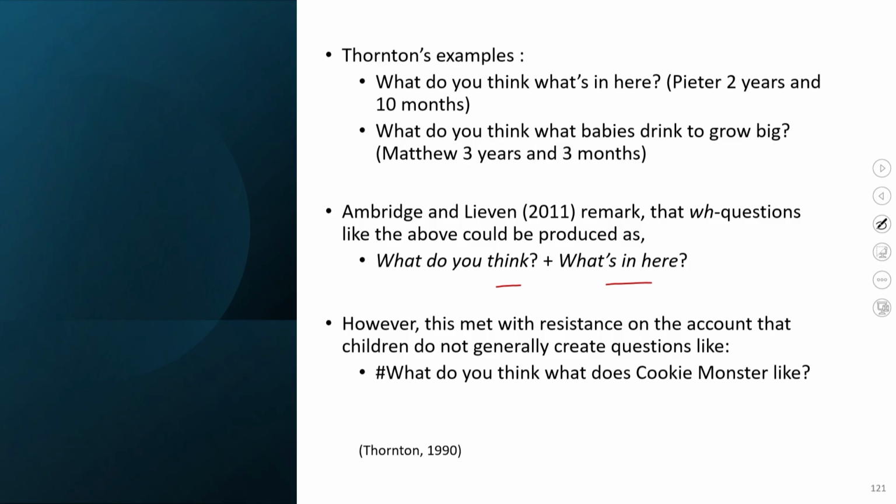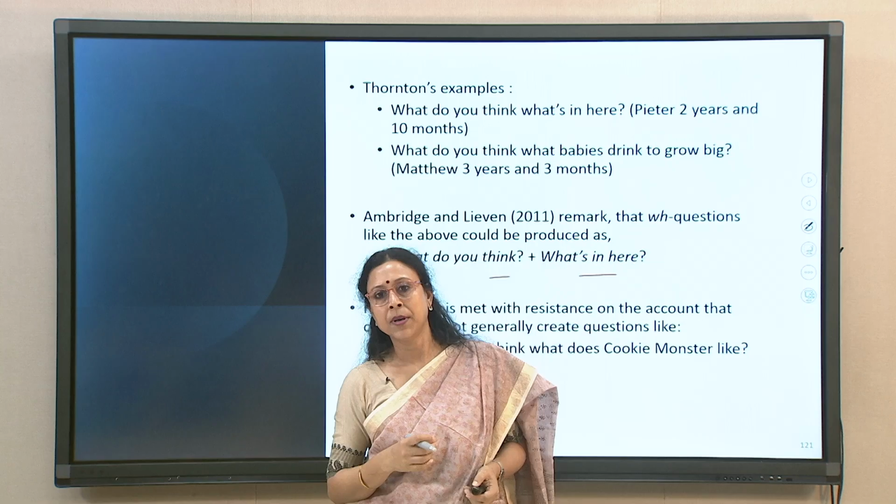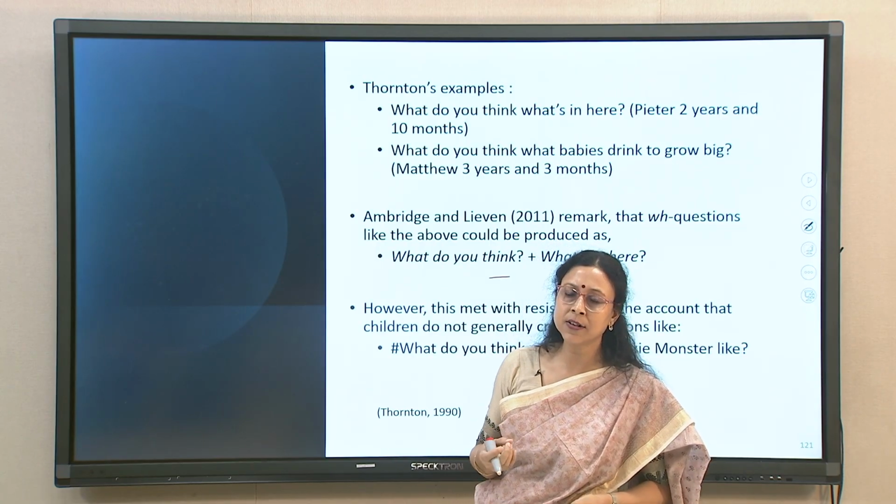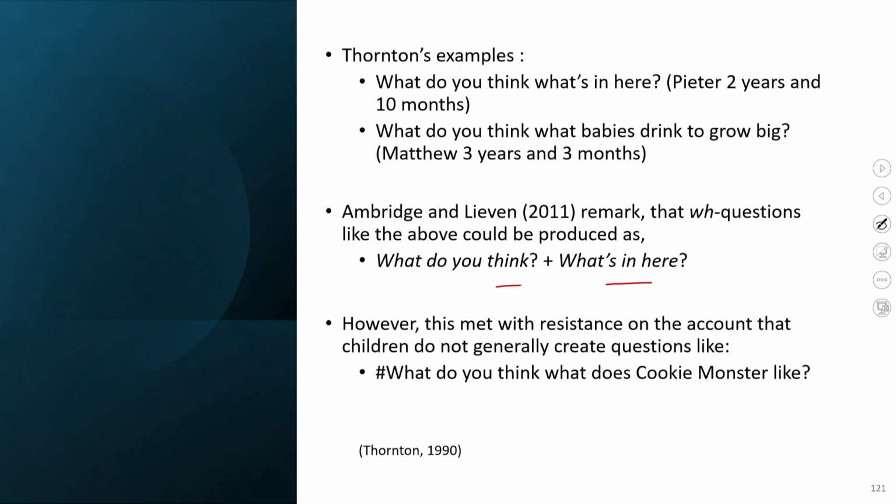However, this theory has not been accepted very widely, on the account that children do not generally create questions like what do you think, what does Cookie Monster like. Whereas this is not very uncommon, this is not typically common.